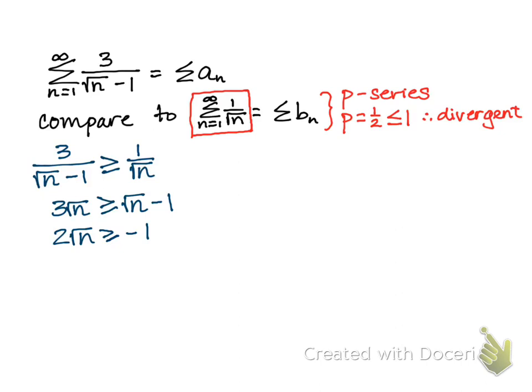And I'm going to square both sides. Well, I don't even need to square both sides. I can just justify what I have here. If this is true for any positive value of n, that meets the criteria that I was looking for.